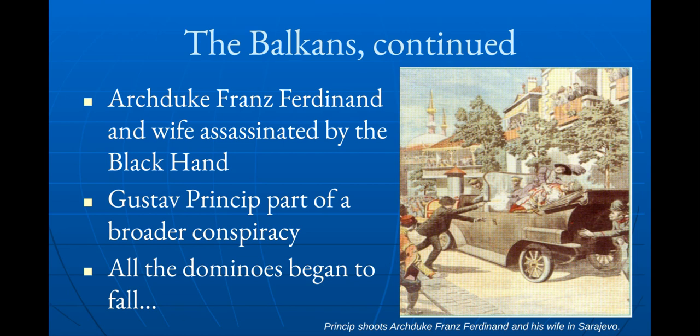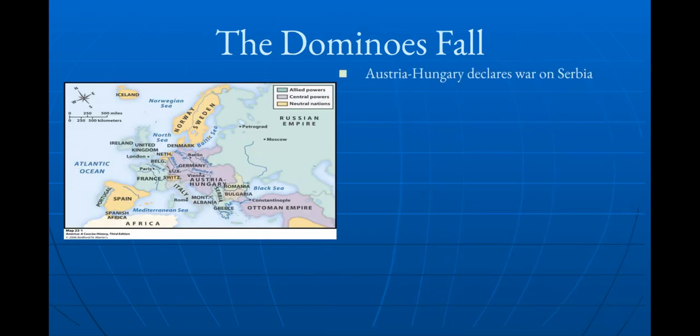So sometimes we can look at it and say, oh, World War One is started by the assassination of Archduke Franz Ferdinand. We really have to step back and ask, would there just be another event in that box that would have caused almost the same thing? Well, maybe not in the same way, because we'll see how the fall of dominoes really does emanate from Sarajevo and from those bullets from that pistol. And here's how the dominoes fall.